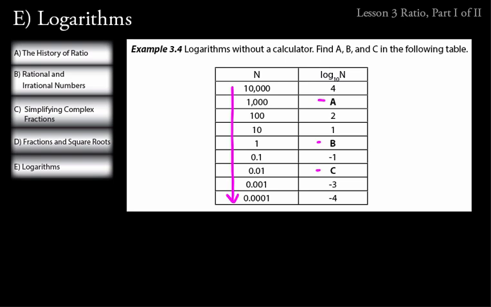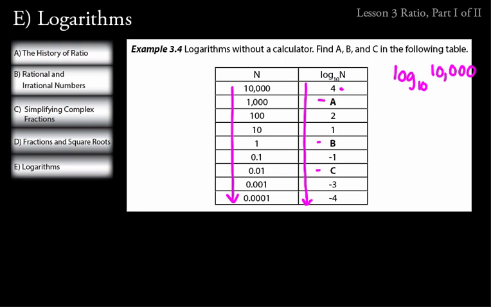So look at the corresponding pattern in the log base 10. So remember logarithm, that means exponent, right? So log base 10 of N, so this first one, that would be log base 10 of 10,000, because N is 10,000.